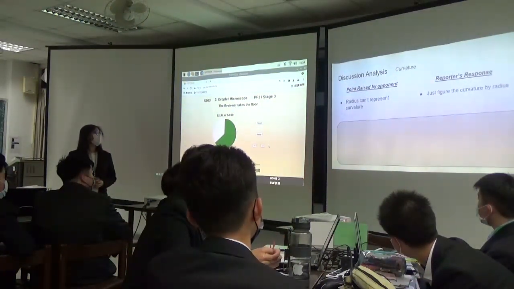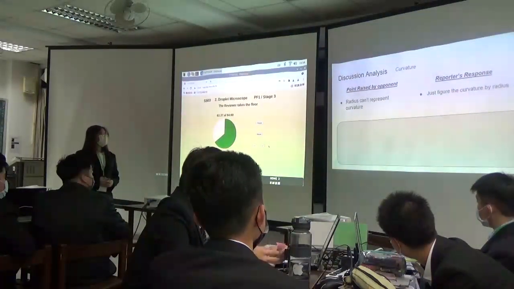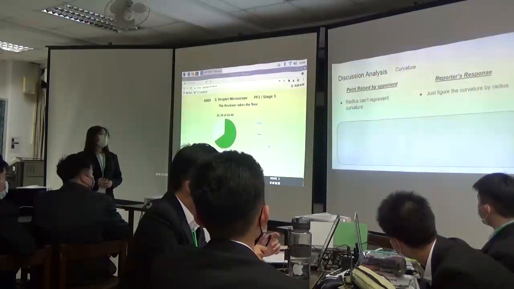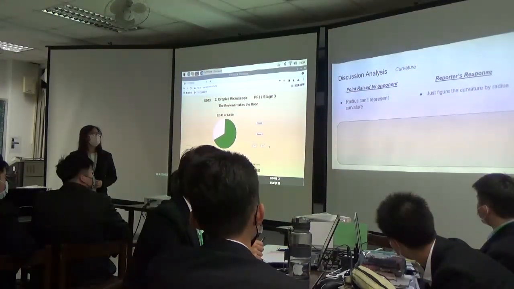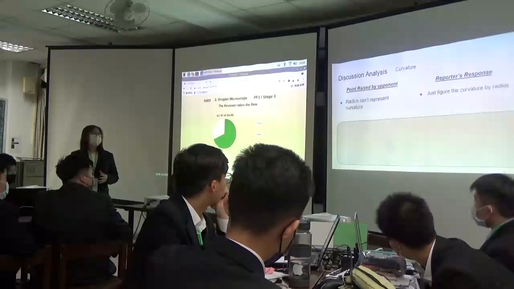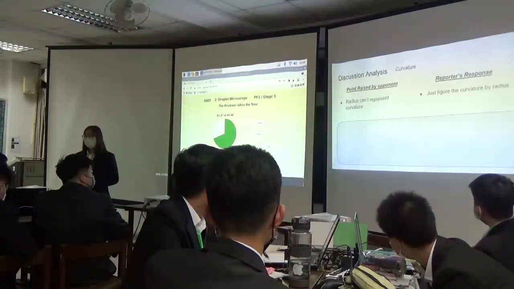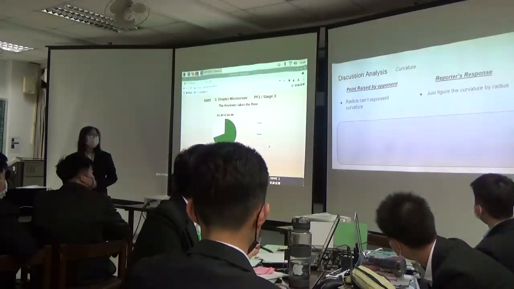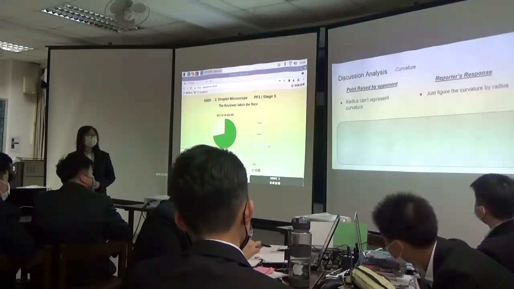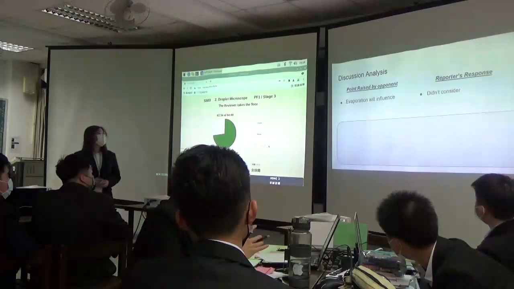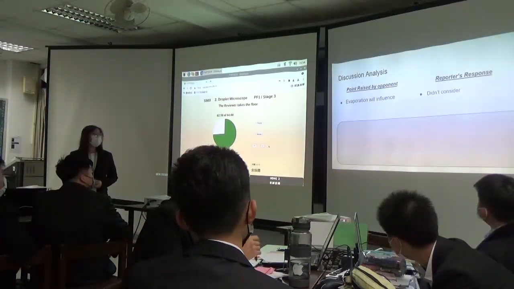Then for the next one, the opponent thinks that the radius cannot represent curvature. And the reporter only figured the curvature by radius. In our opinion, we agree with the opponent, that radius cannot represent the curvature. Okay. And the next one is about the evaporation.